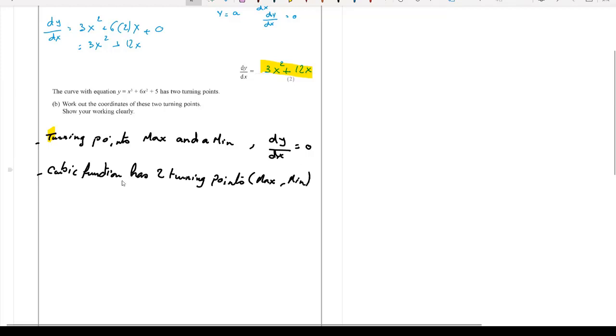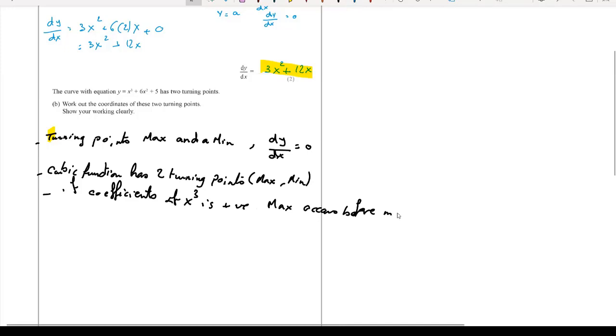We also have to remember that if the coefficient of x cubed is positive, this means that the maximum occurs before the minimum.